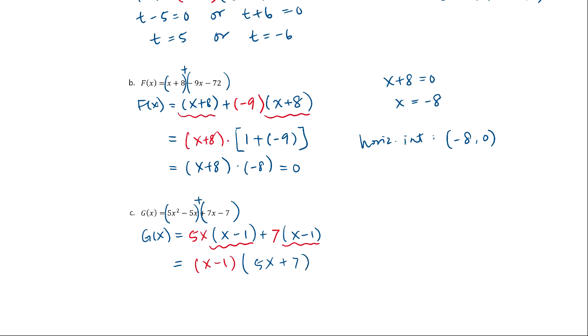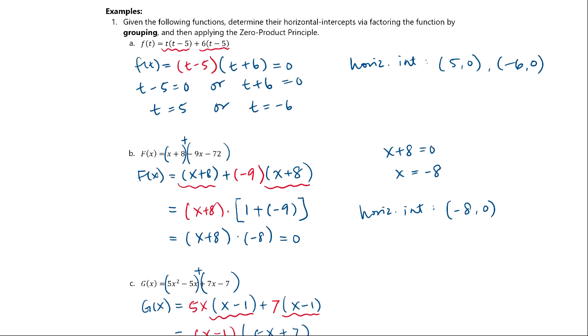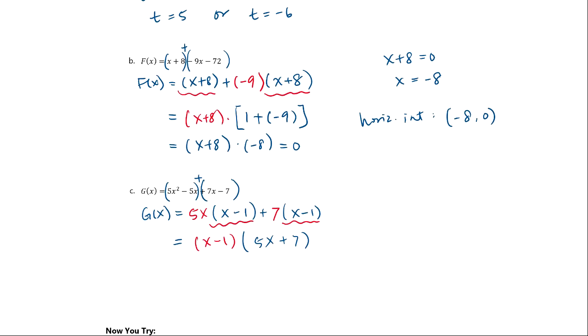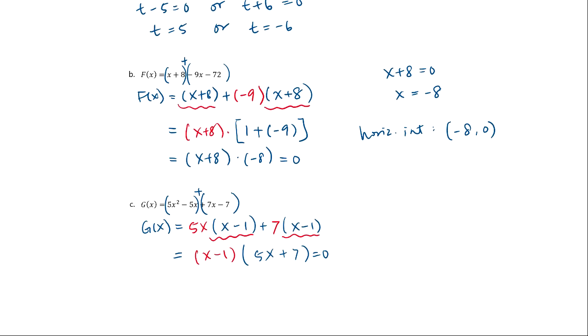In the next step, we can see this is already in fully factored form, so we can use the zero product principle to make this equal to 0. By doing so, I'm saying either x minus 1 is equal to 0 or 5x plus 7 is equal to 0.